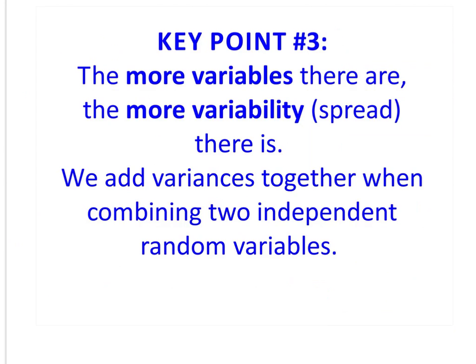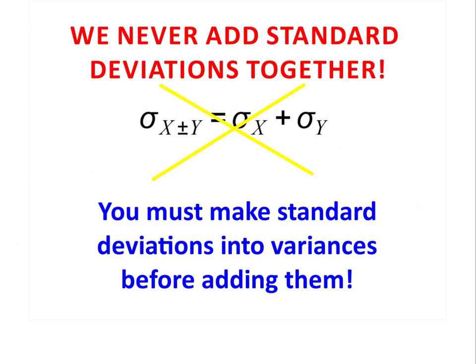So this brings us to key point number 3. The more variables there are, the more variability or spread there is. So we add the variances together when combining two random variables. We never subtract the variances. And we also never add standard deviations together. So this is a super common mistake. People want to find the standard deviation, so they just add the standard deviations together.